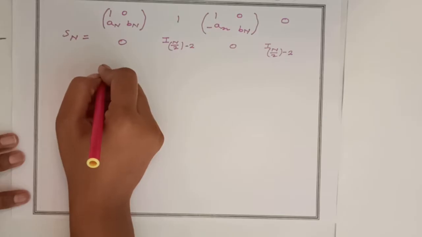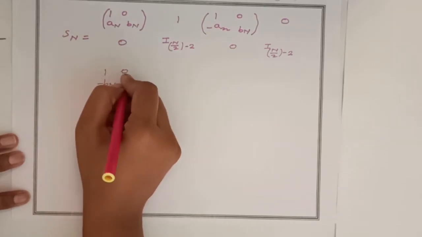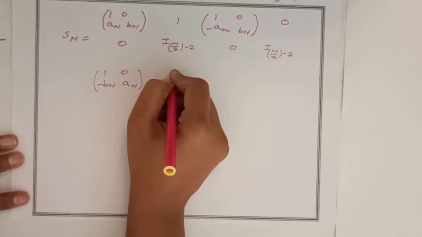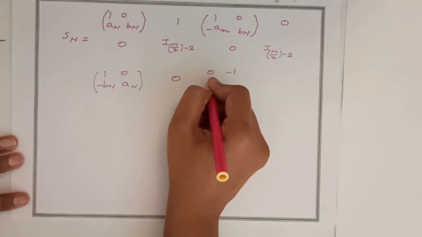In the third row the elements will be 1, 0, minus of bn and an.